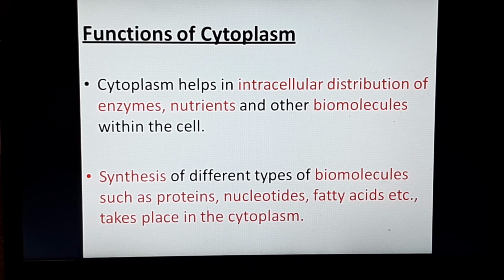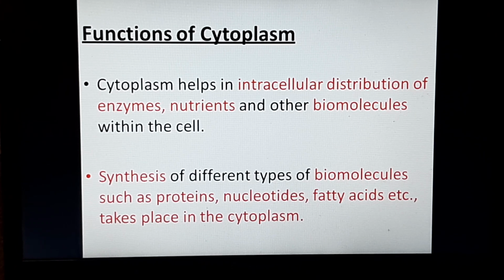And also, as the cytoplasm contains all the cell organelles, these biomolecules are synthesized within the cytoplasm. Proteins are synthesized on the endoplasmic reticulum, nucleotides are in the nucleus, and fatty acids are synthesized on the ER again. So all these biomolecules are synthesized in the cytoplasm.